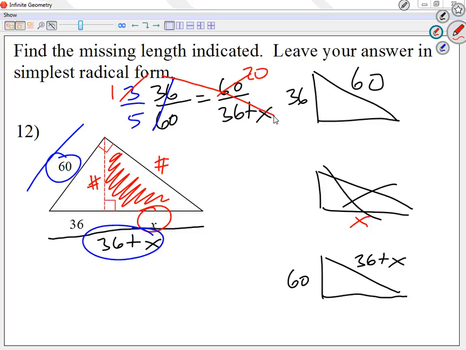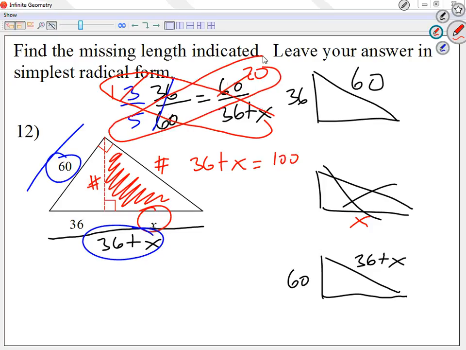So now when I cross multiply, don't forget that the 1, we multiply to the 36 and to the x. So 1 times 36, 1 times x equals 100. Right? 20 times 5. I'm cross multiplying. If 36 plus x equals 100, what's x? 64.